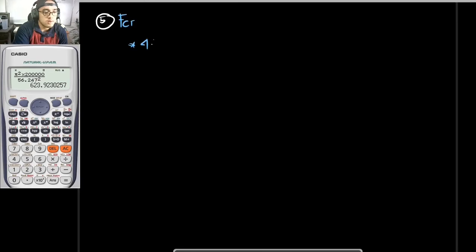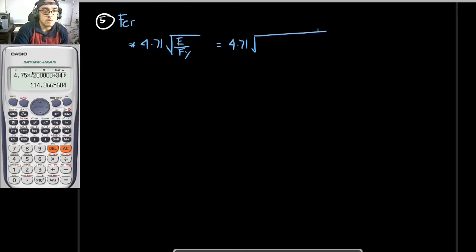So 4.71 square root of E over Fy. Substituting known values, this is 4.71 times the square root of E. What would be our value of E? That is 200,000 megapascals. And the value of our Fy would be 345 megapascals.